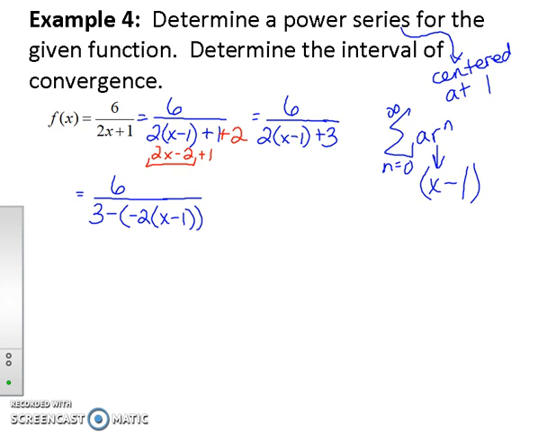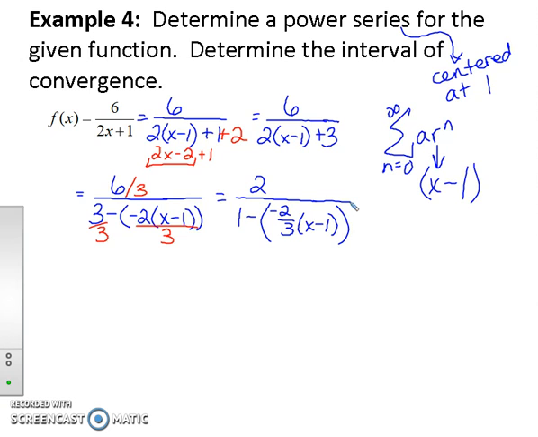And then I need that 3 to become a 1. So I need to divide this by 3, and this by 3, and this by 3. So that gives me 2 over 1 minus, now inside of here, you can write this as negative 2/3 times x minus 1. So I have a 1 minus, and I have x minus 1 as part of my common ratio there, my r value.